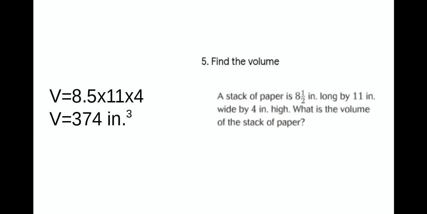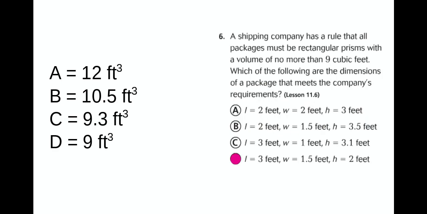And the final question, I tried to keep them to more basic questions, but I thought I might as well give you a little bit more of a challenge for the final one. So the company has a rule that their rectangular prism packages can be no more than 9 cubic feet.